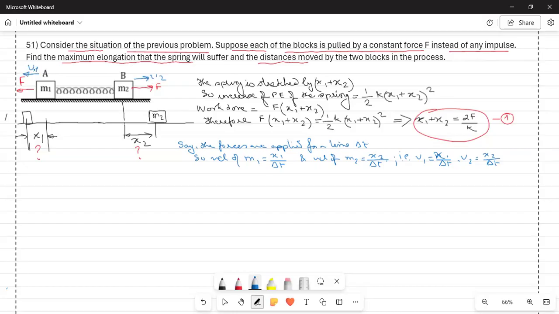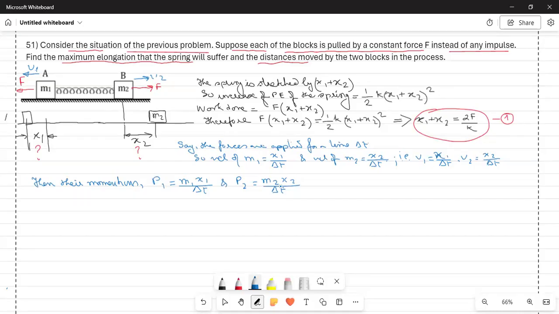So then their momentums: p1 is equal to m1 v1, that is m1 x1 by del t, and p2 is equal to m2 x2 by del t.